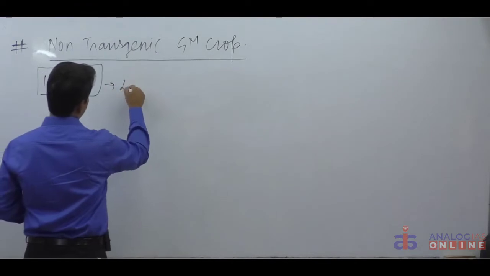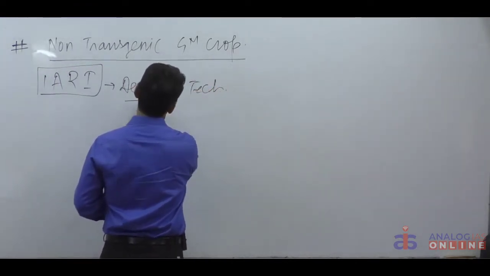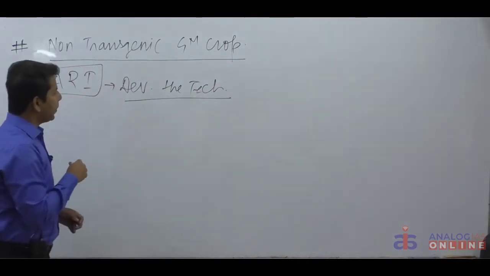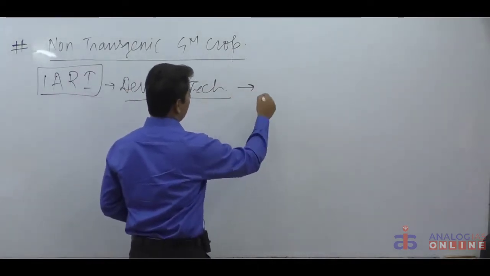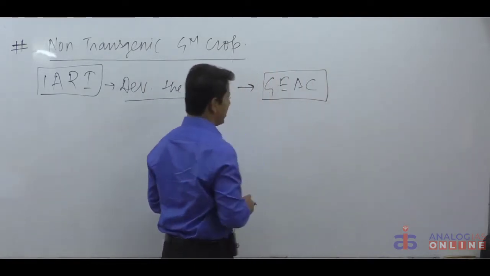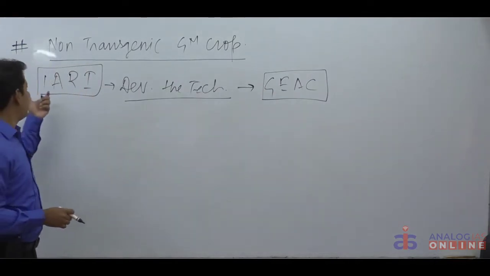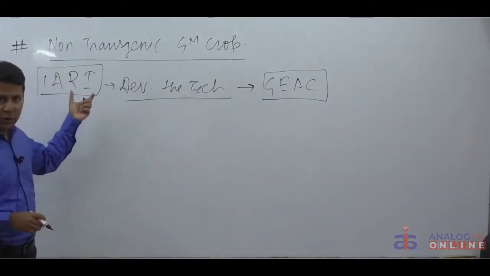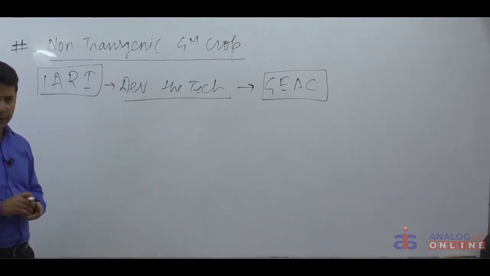They developed this technology, and this technology was presented before GEAC, the Genetic Engineering Appraisal Committee, to accept it and allow it, so that the Indian Agricultural Research Institute can use this technology and develop GM crops, right?